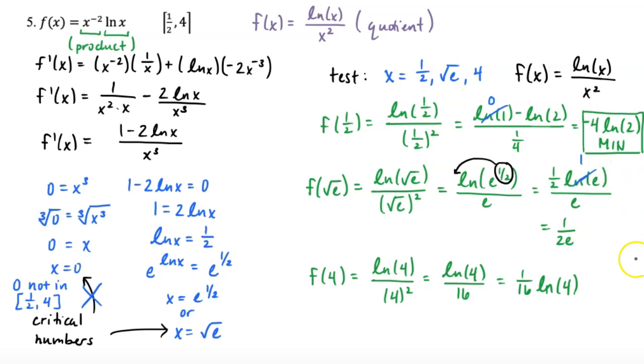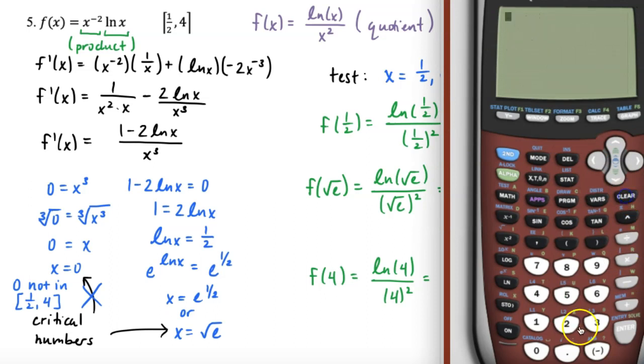You can note that that's a negative. All right, now for the candidates for my maximum. So I've got 1/2e, 1 divided by, and I want to put that 2e in parentheses just so I know that I'm dividing by both the 2 and the e.